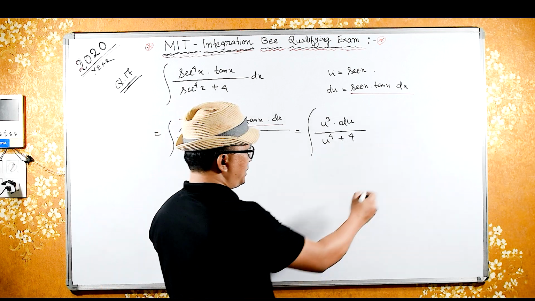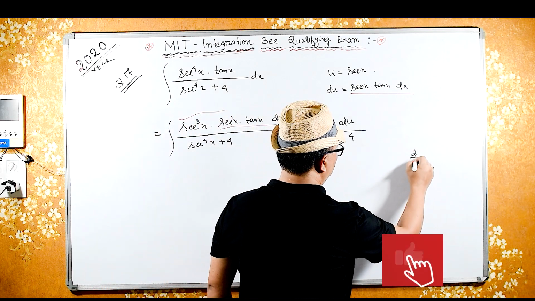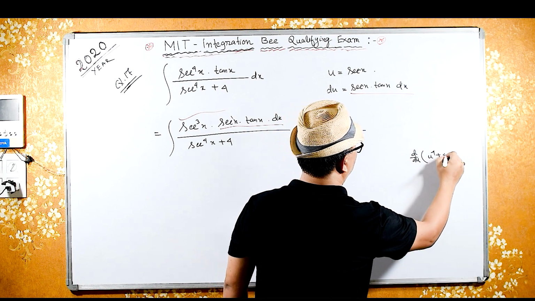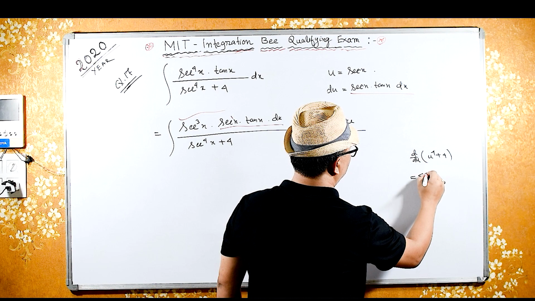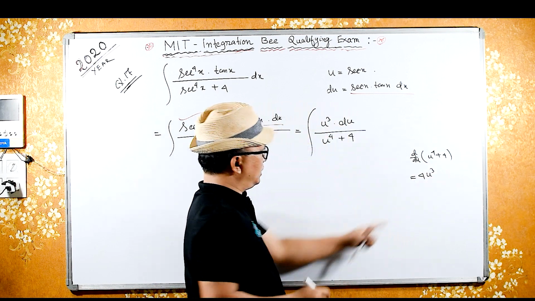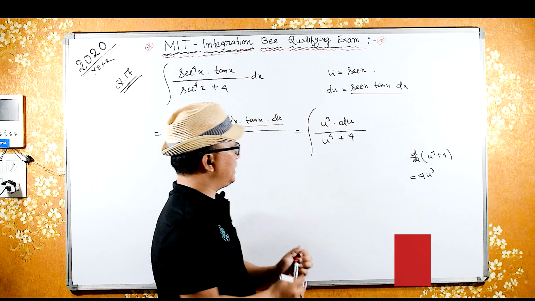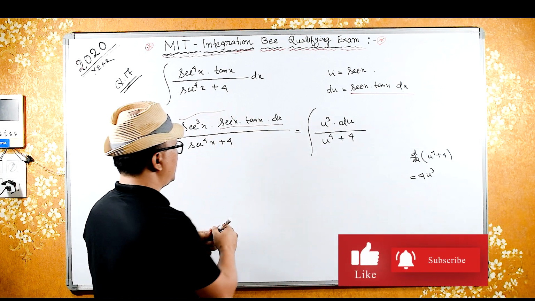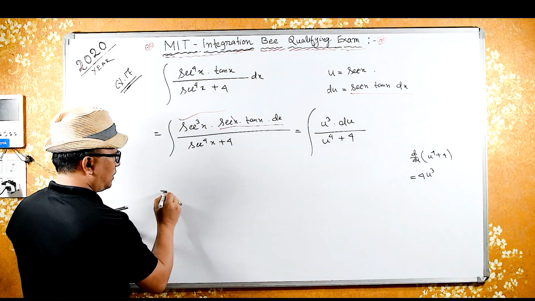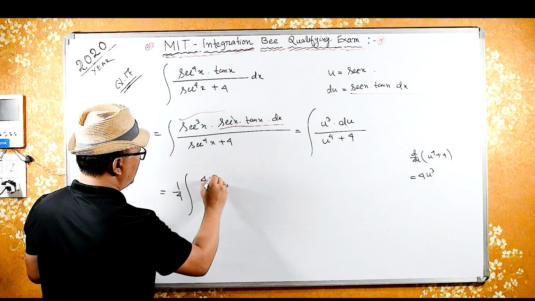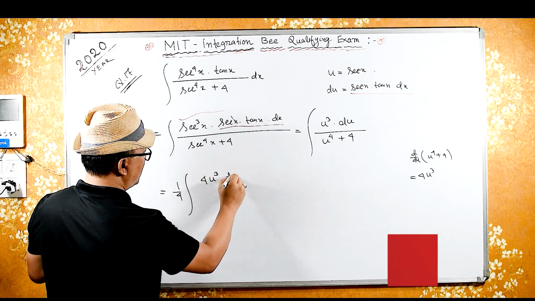Now check, what is d/du of u^4 plus 4? It is 4u cube plus 0. So u cube is there, so we need to adjust. So let's do one thing. This is the same as 1 by 4, and I need 4u cube du.